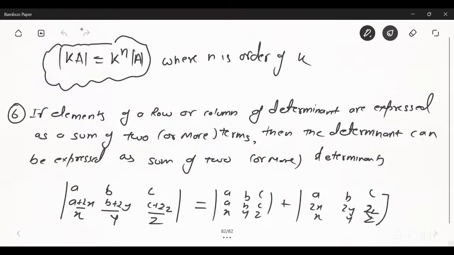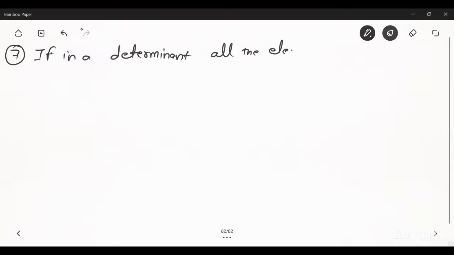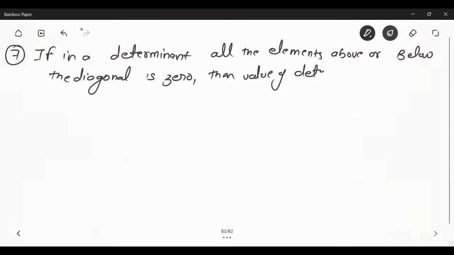Now the next property, property number 7: if in a determinant all elements above or below the diagonal are 0, then the value of the determinant is the product of the diagonal elements.